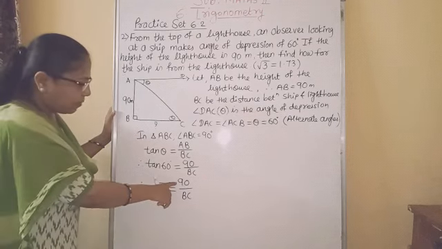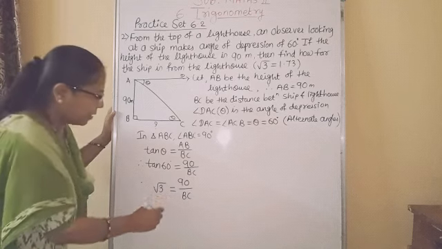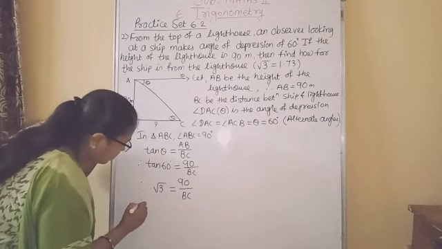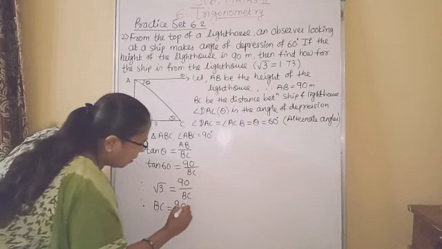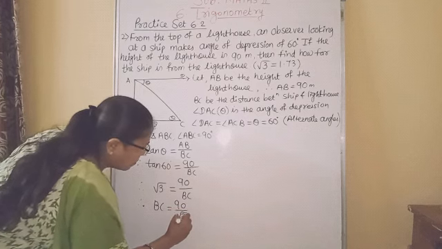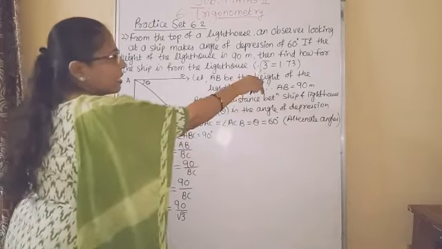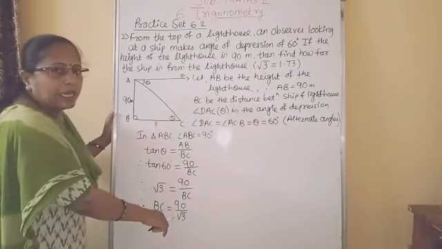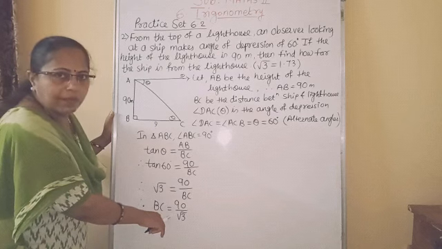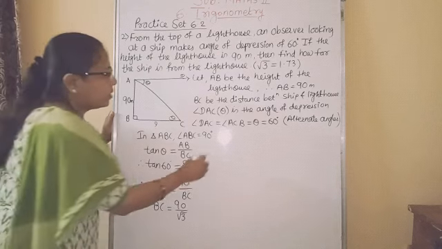Okay. Now to find this BC, we have to do cross multiplication. Therefore, BC is equal to 90 upon root 3. Now student, here in the question the value of root 3 is given in brackets. But in the denominator don't substitute that value. First what we will do? We will rationalize the denominator.